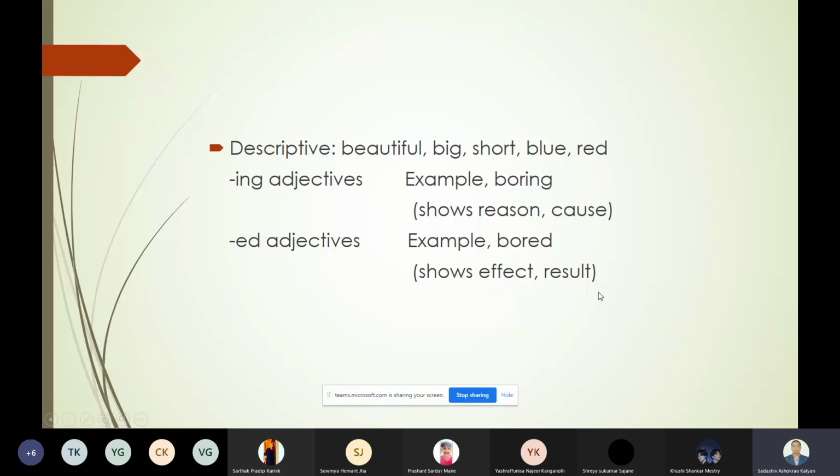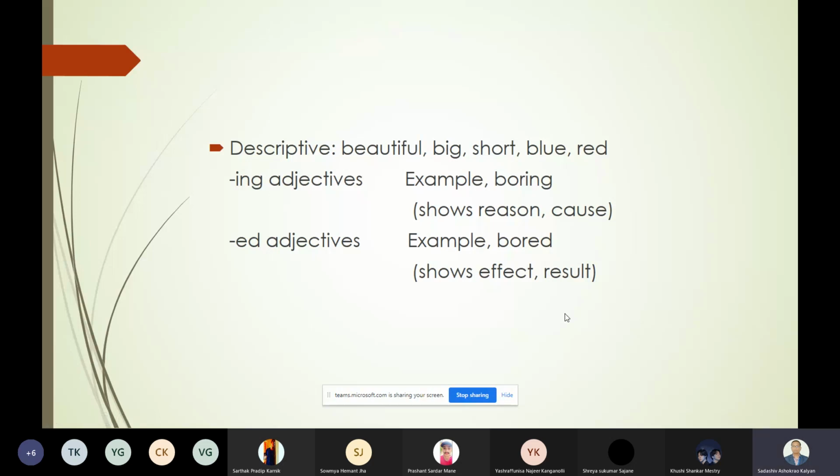Okay, but don't feel bored because this is afternoon session, still you want to be active. Okay, so here the example boring is also considered an adjective, and this word also tries to show us one kind of reason and cause.